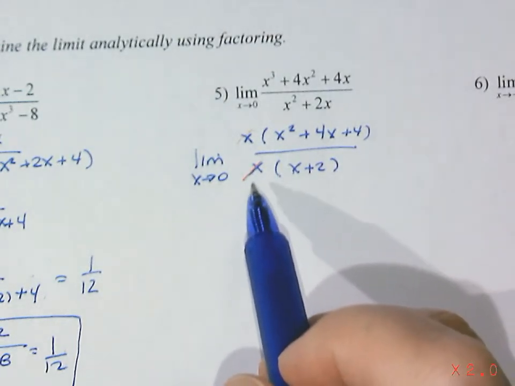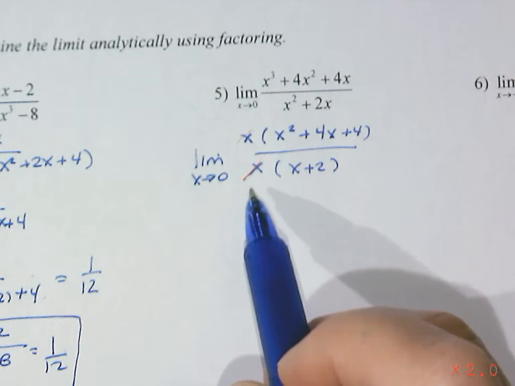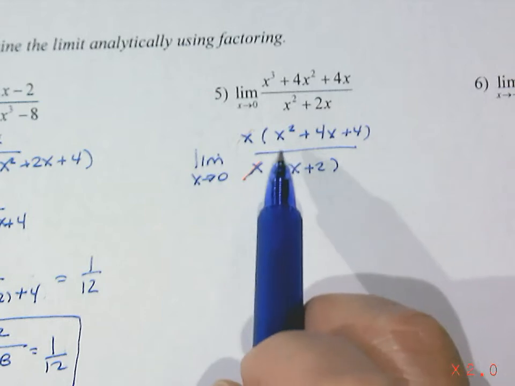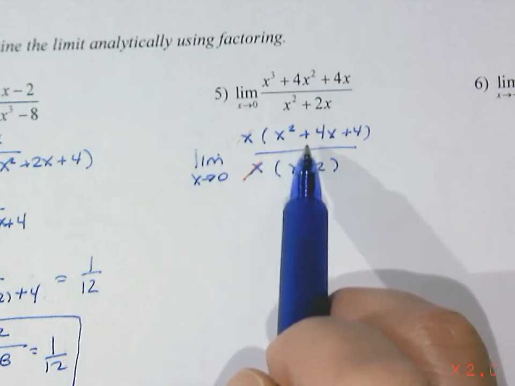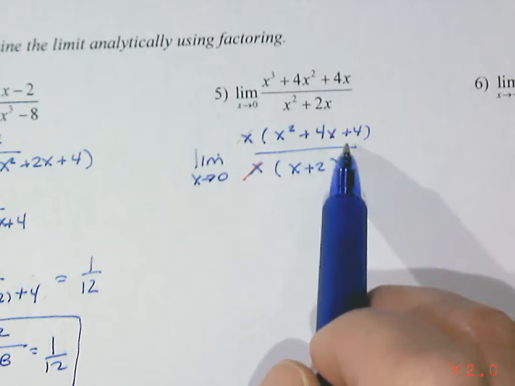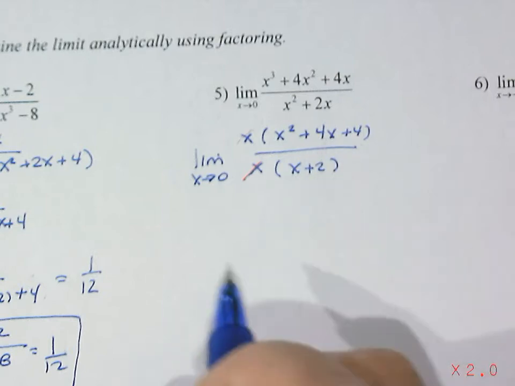If I plug, I could actually plug a 0 in for x at this point. 0 squared, 0, plus 4 times 0 is 0, plus 4 over 0 plus 2.